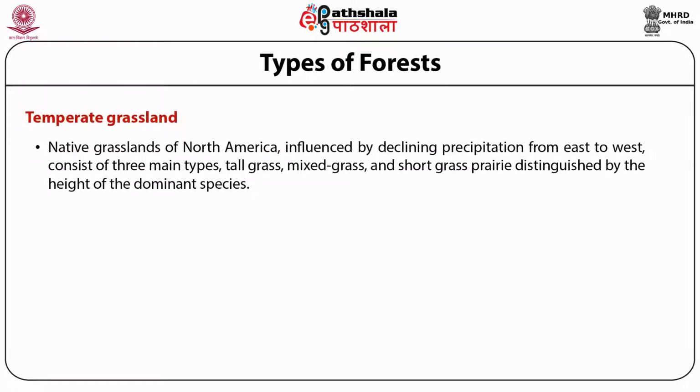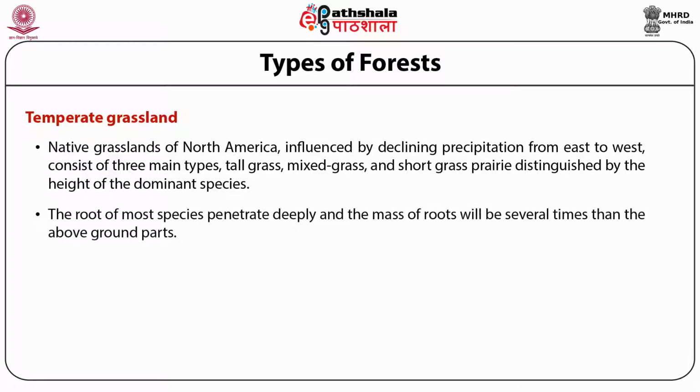Native grasslands of North America, influenced by declining precipitation from east to west, consist of three main types: tall grass, mixed grass, and short grass prairies, distinguished by the height of the dominant species. The roots of most species penetrate deeply, and the mass of roots is several times that of the above ground parts.